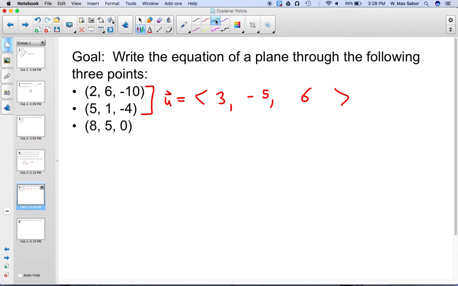Now I need to pick another 2 to make v. And it really doesn't matter which two I use. So final minus initial gives us 3. And then 5 minus 1 is 4. 0 minus negative 4 is 4. So here are our 2 vectors.